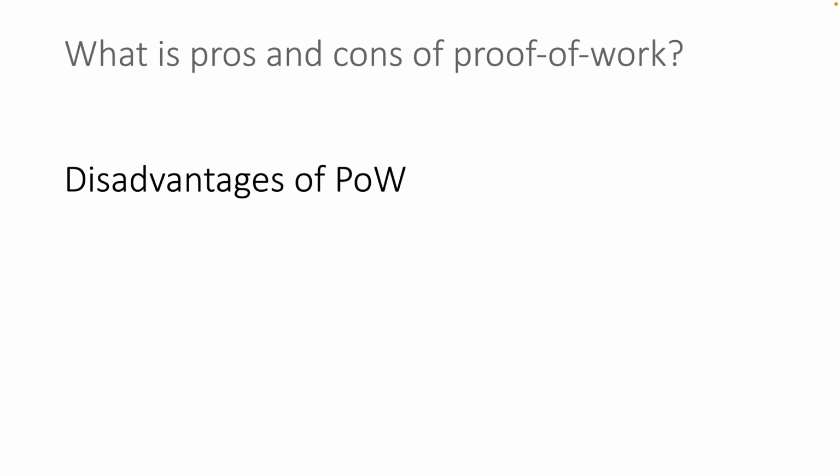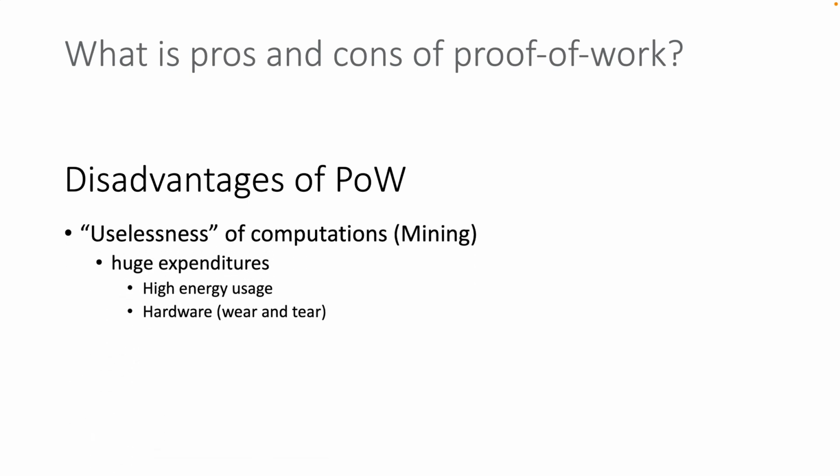Actually, the biggest disadvantage of proof of work is uselessness of computations, because miners do a lot of work to find a nonce, then generate blocks. This process takes time and it consumes a lot of power.